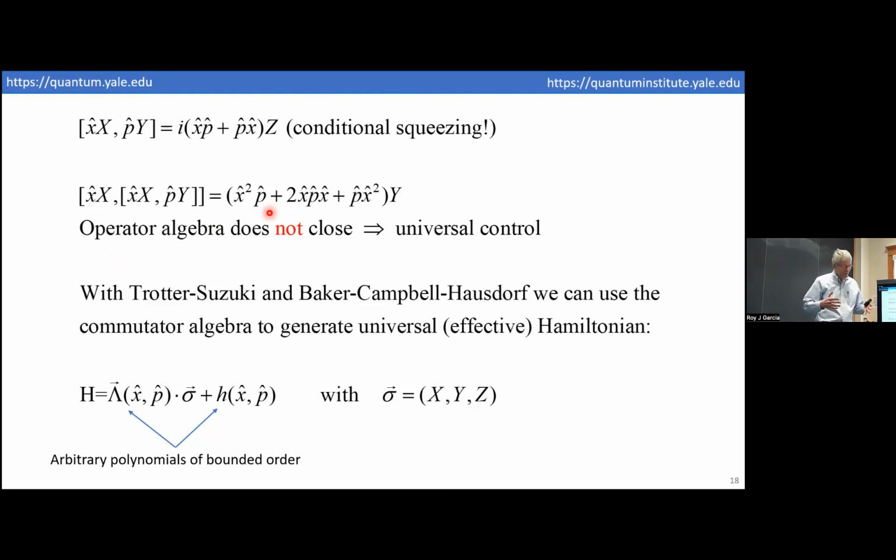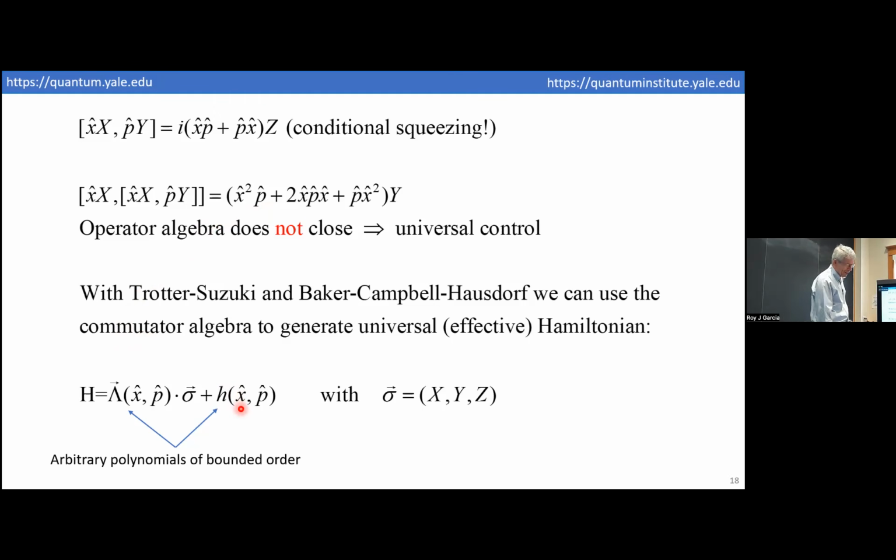So by using sequences of infinitesimal rotations appropriately arranged, I can do Trotter-Suzuki to add such interesting terms to the polynomial, or Baker-Campbell-Hausdorff to take commutators to raise the degree of the polynomial. And from that, in principle, generate a universal effective Hamiltonian for the combined oscillator-qubit system, which has this form.